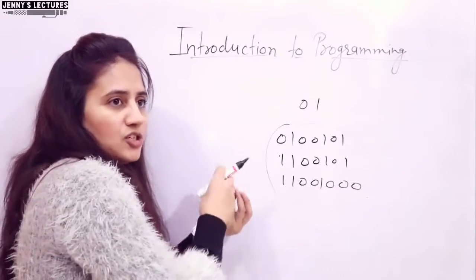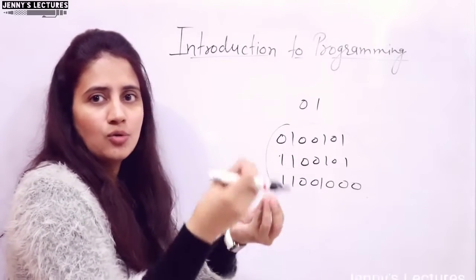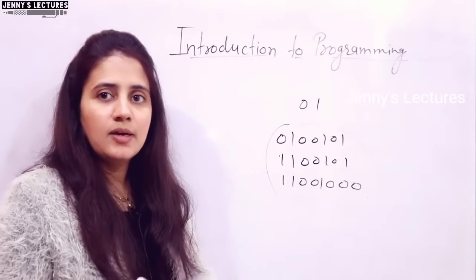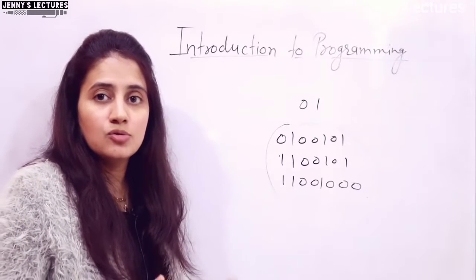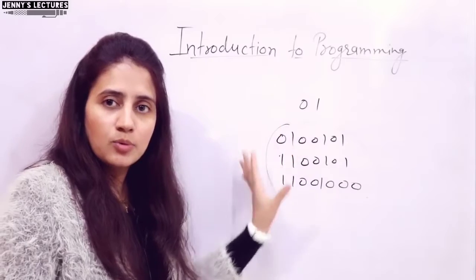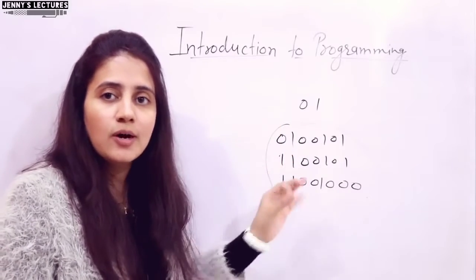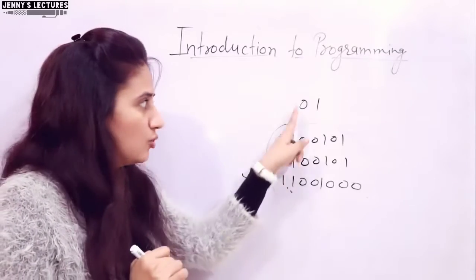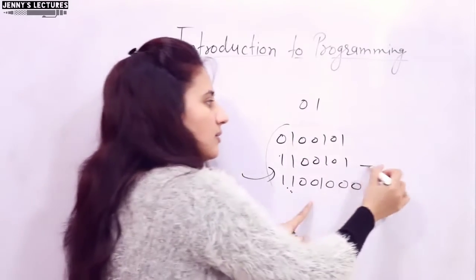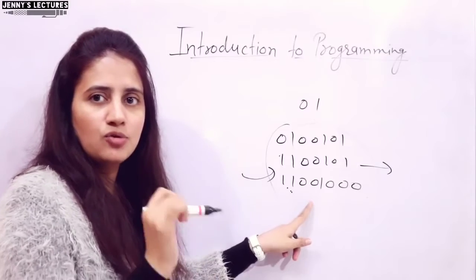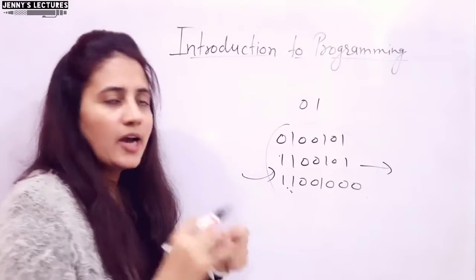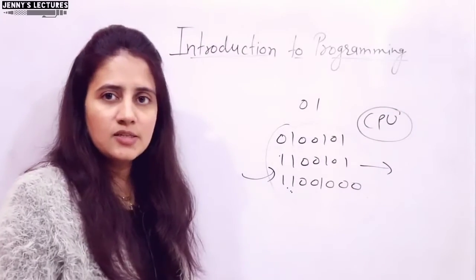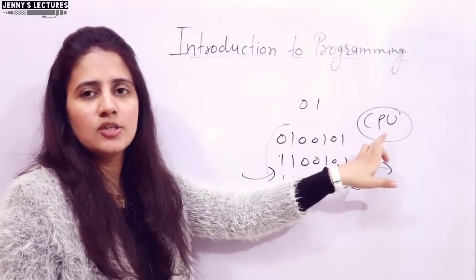So we write: hash include stdio.h, hash include conio.h, then void main, then int ab, then printf, scanf and everything. That program first of all has to be converted into this machine language, the 0 and 1 form, and then the computer will execute your program, or more specifically I would say the CPU, because it is the processor, the central processing unit.